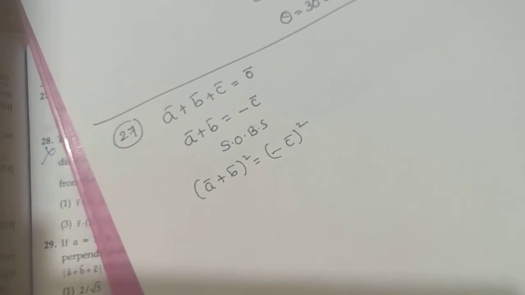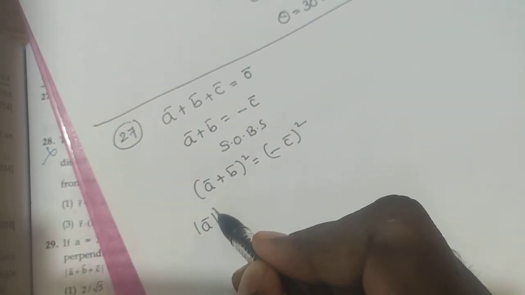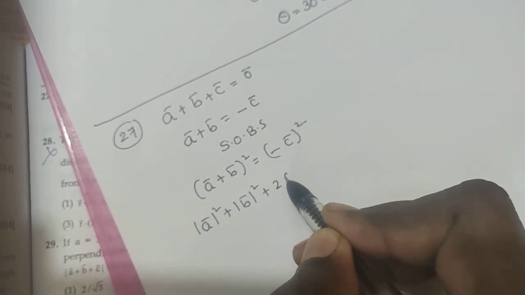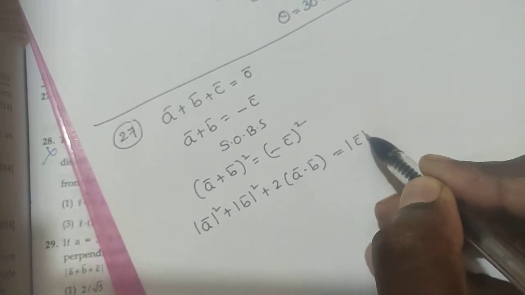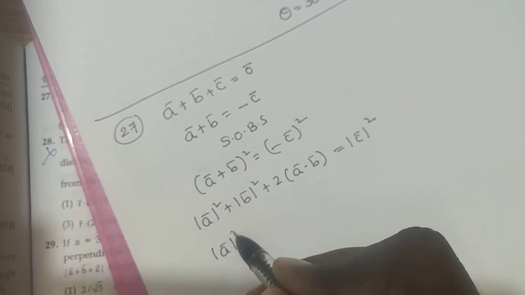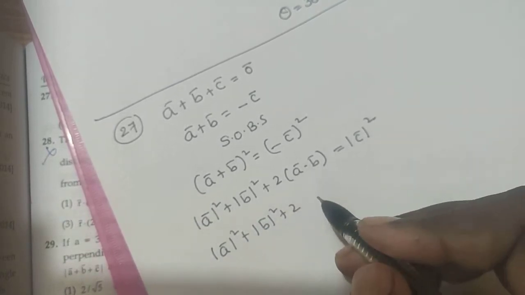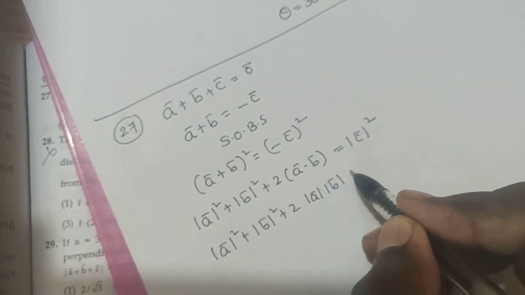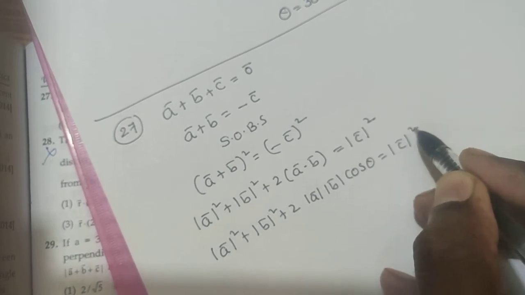Then a bar plus b bar whole square can be written as mod a square plus mod b square plus 2 into a bar dot b bar equals mod c square. Then mod a square plus mod b square plus 2 into, what is the formula for a bar dot b bar? Mod a bar mod b bar cos theta, that equals mod c bar square.